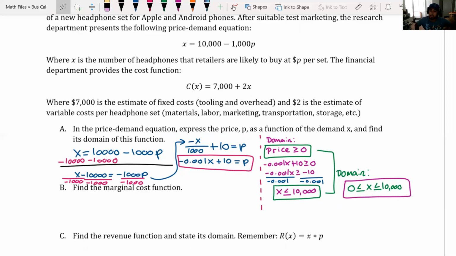Now this says, B, find the marginal cost function. So all this wants is the derivative of the cost function. That's all this wants, and it's done. Find the marginal cost function. Well, we may want to state what it means to interpret at least, right?